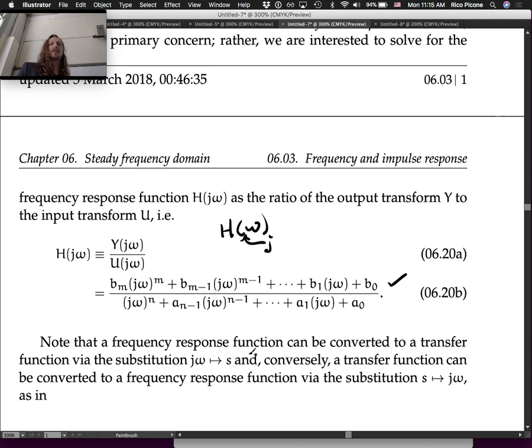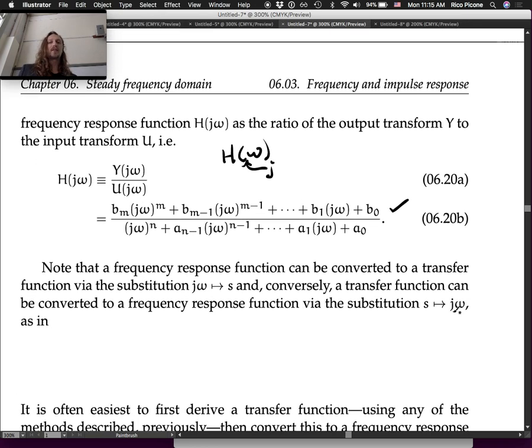So note that our frequency response function can be converted to a transfer function via the substitution j omega goes to s, and conversely, a transfer function can be converted to a frequency response function via the substitution s goes to j omega. So, as in H of j omega equals the transfer function H of s evaluated at s equals j omega.